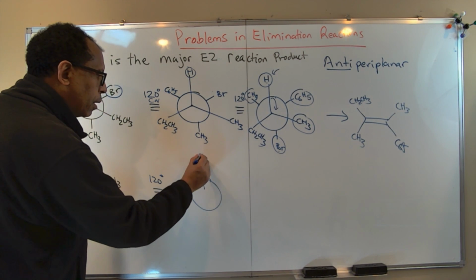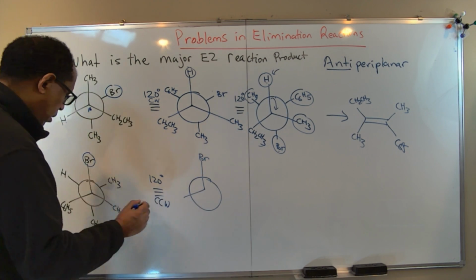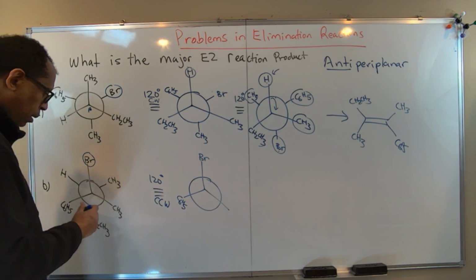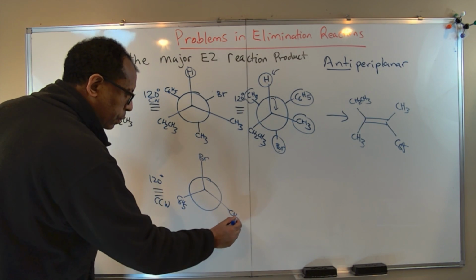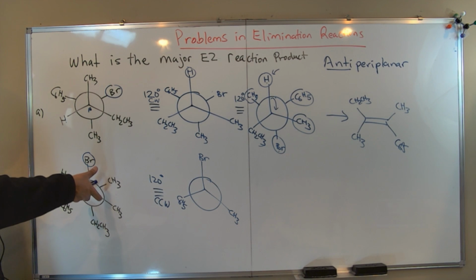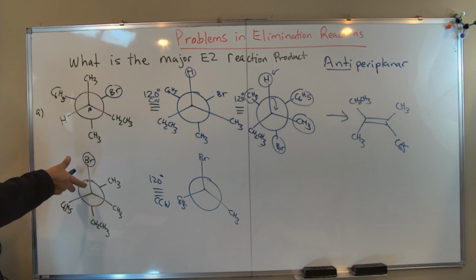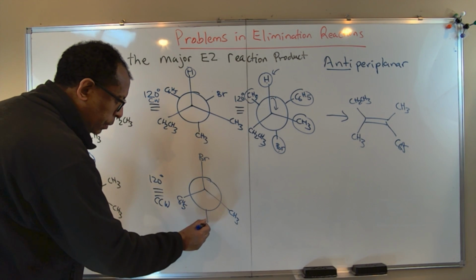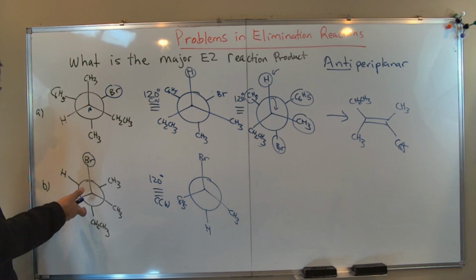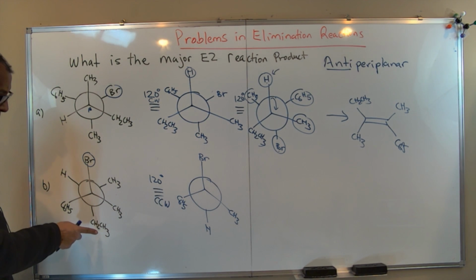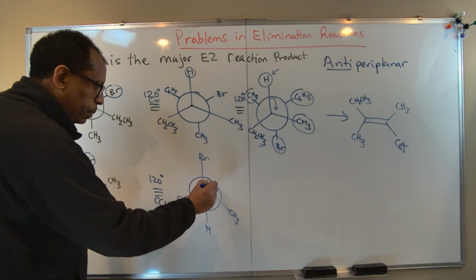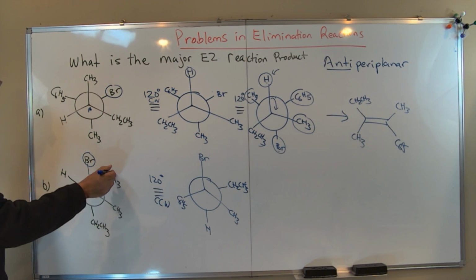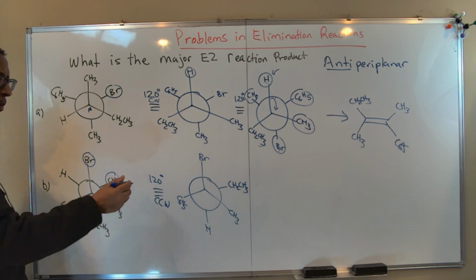So if I keep the front as is, CH3, and hold the back and rotate it like this by 120 degrees, hydrogen would be here. So when I rotate hydrogen here, ethyl group would come here, CH2, CH3, and the CH3 group would be right here.